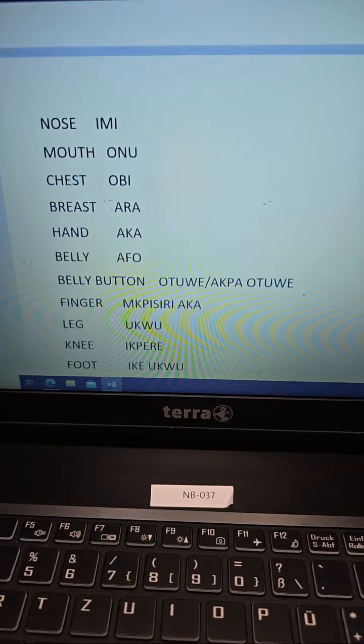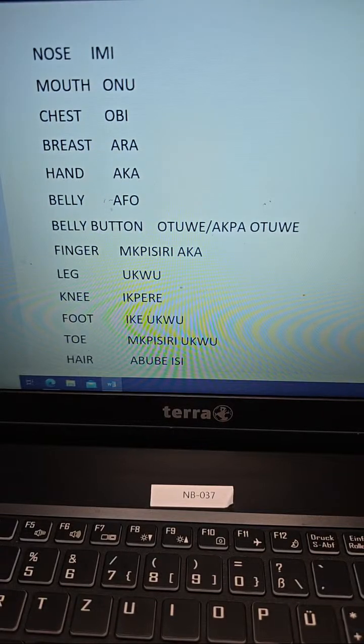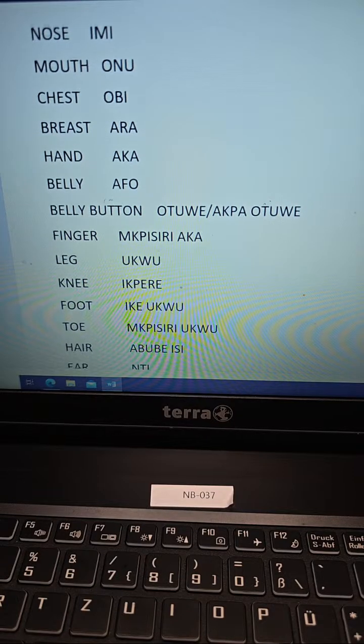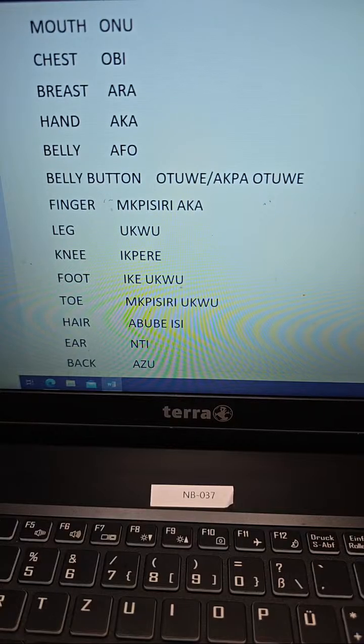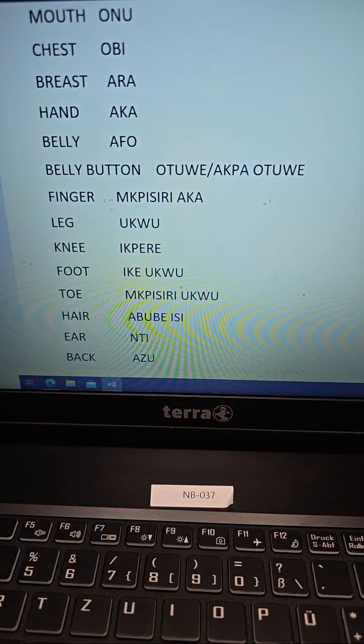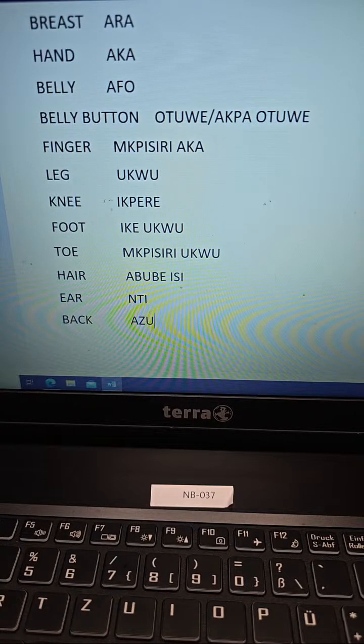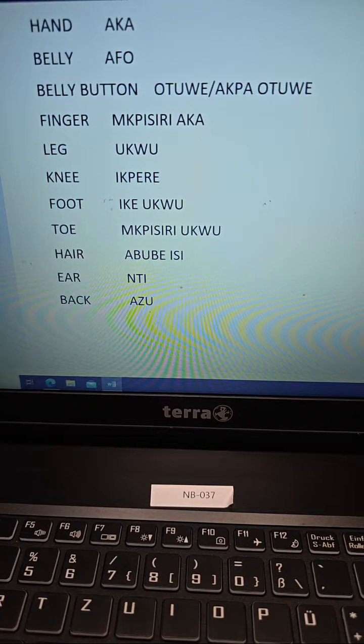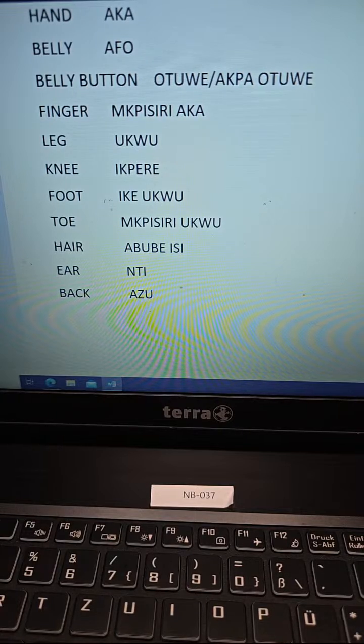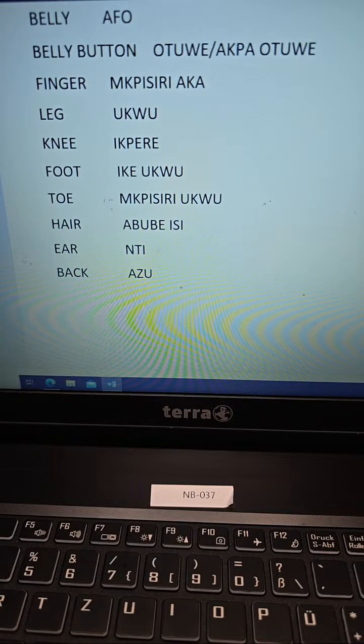Nose, imi. Mouth, ọnụ. Chest, obi. Breast, ara. Hand, aka.